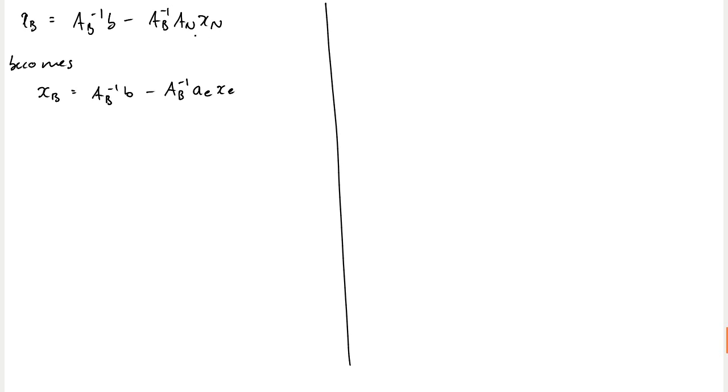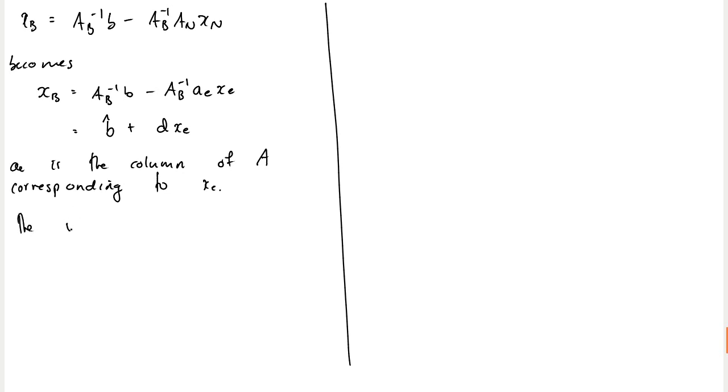The other columns of an don't matter because we're only increasing one of the variables. Just to tidy this up, I'm going to call that first thing b hat, and the second part d times xe. Here ae is the column of a corresponding to xe.